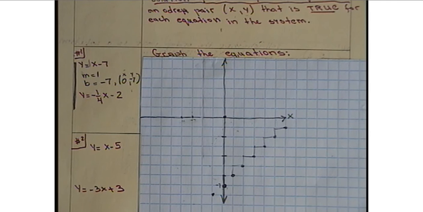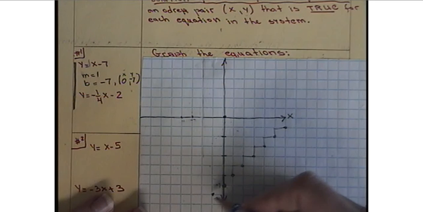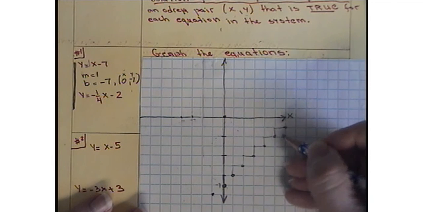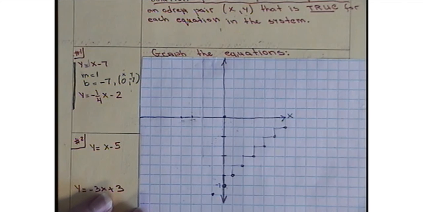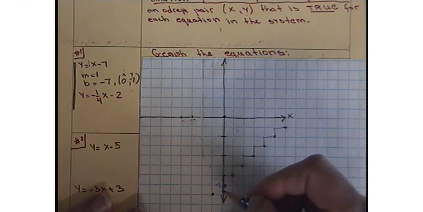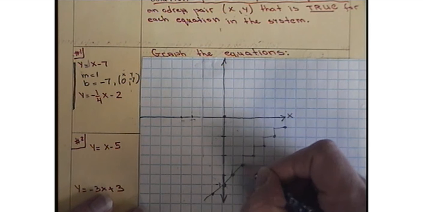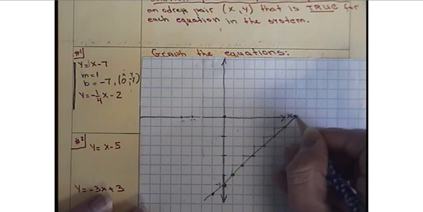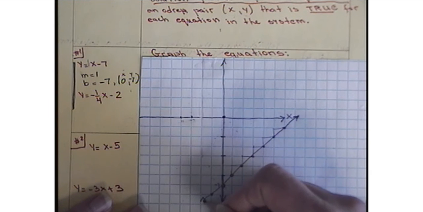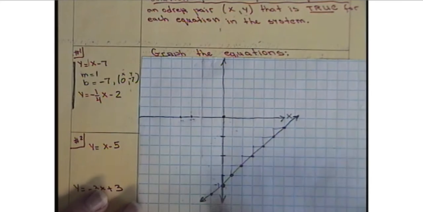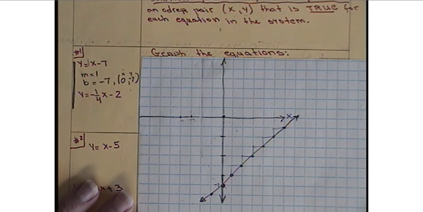When you have a given graph, make sure you put as many points as you can over the graph, because we don't know when and where the other line will intersect the first line, and then we can talk about the solutions of the system. So first thing, make sure you always plot a lot of points on the graph just by applying the slope. So that will be my first line on this graph.